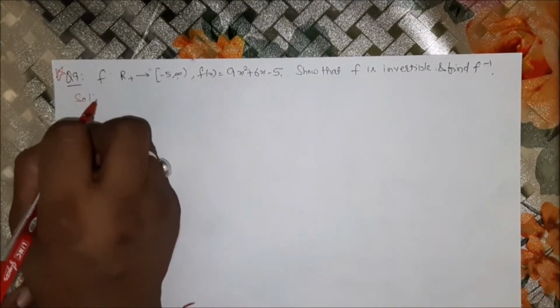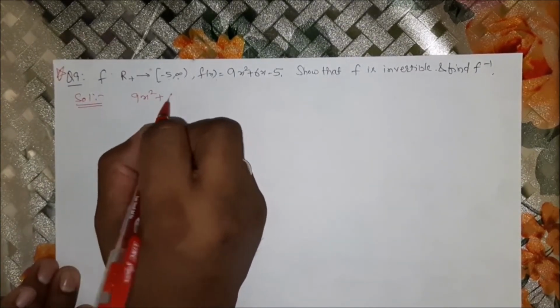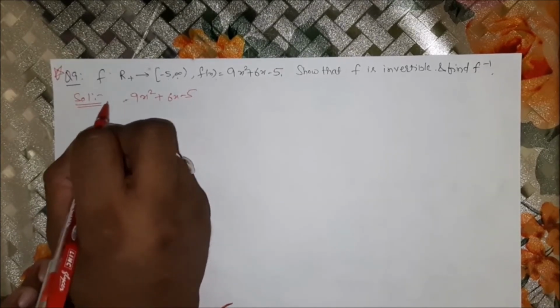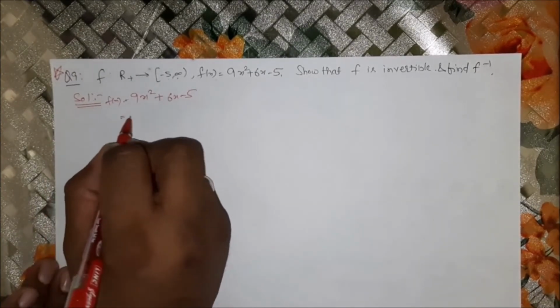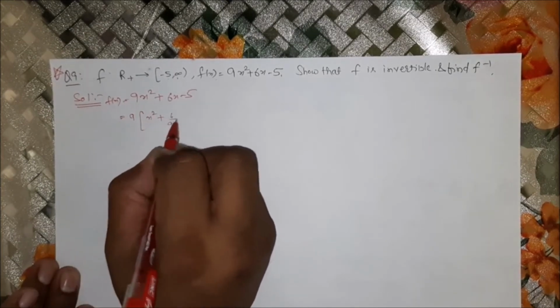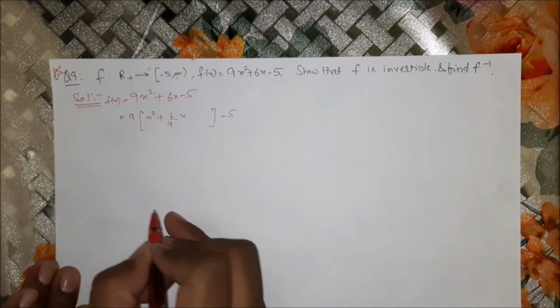Now see the solution. Your question is 9x square plus 6x minus 5, equal to f(x). If I take 9 common, you will get x square plus 6 by 9 x, and minus 5 remains outside.